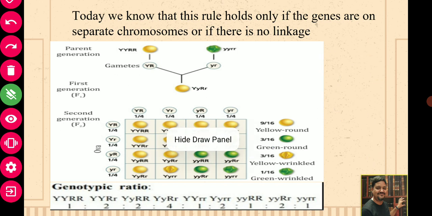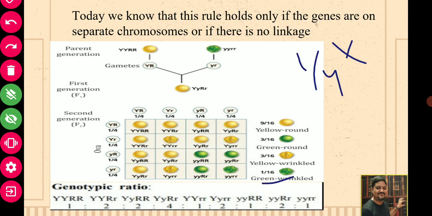Similarly, you can see the green and wrinkled. Green and wrinkled both are recessive, so 1/4 into 1/4, that is 1/16. Like this, you can predict the phenotypic frequency or genotypic frequency for any combination, not only for dihybrid but for trihybrid, tetrahybrid or oligohybrids, based on the law of multiplication, that is the probability law.